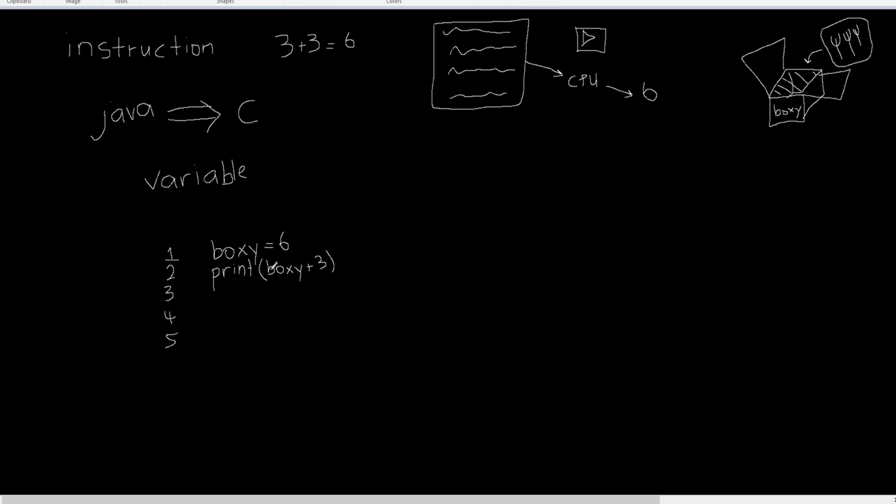So we're going to look at Boxy, and it remembers, it goes, well, we know that Boxy equals 6. So 6 +3, that's what we put onto the screen. And so on our computer monitor, after this code is run, we get 9 appearing on our screen.